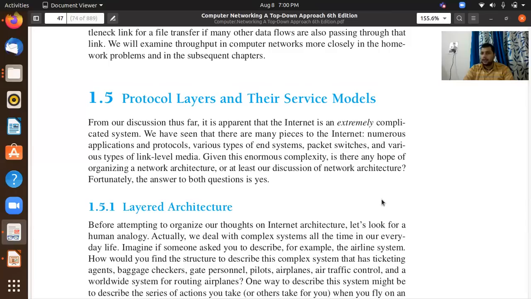Already once, I think in one of my lectures, I have disclosed it: TCP/IP was in implementation well before the commencement of the OSI model.